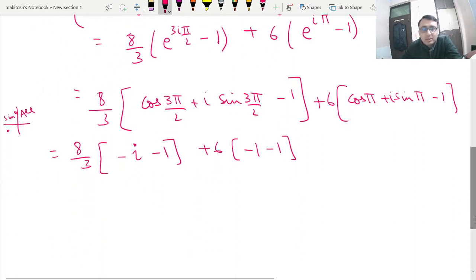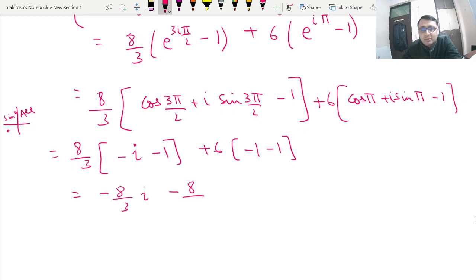So this is nothing but minus 8 by 3 i minus 8 by 3 minus 12. Combining, this is minus 8 minus 36 by 3, so this is minus 44 by 3 minus 8 by 3 i. This is the value of your line integral.